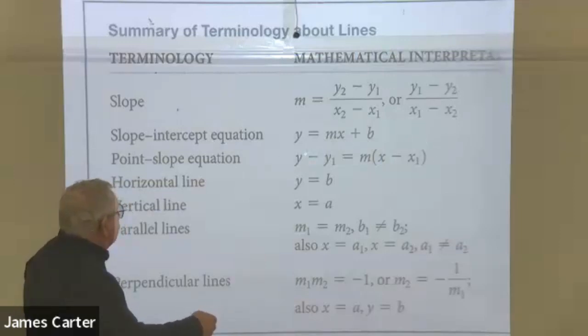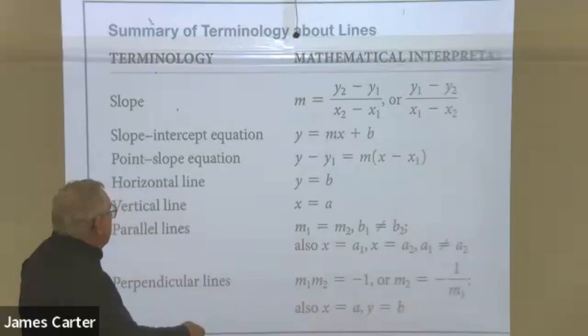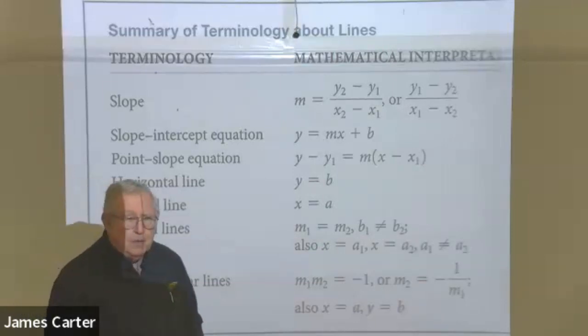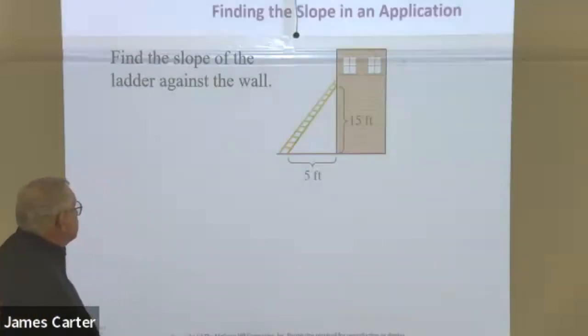It's called the point slope formula because you have a point in here, x1, y1, and a given slope. Here again is the formula for a horizontal line, the formula for a vertical line, and we'll talk a little later about perpendicular and parallel lines and lines that just intersect.